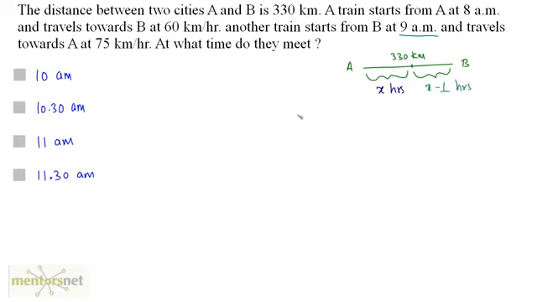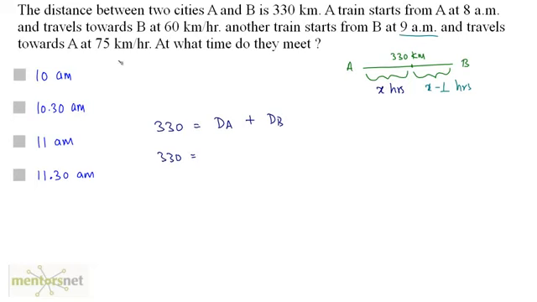Now the total distance between A and B is 330 kilometers, which is equal to the distance traveled by the first train from A to the meeting point plus the distance traveled by train B from B to the meeting point. So the distance traveled from A to the meeting point is speed into time, right?